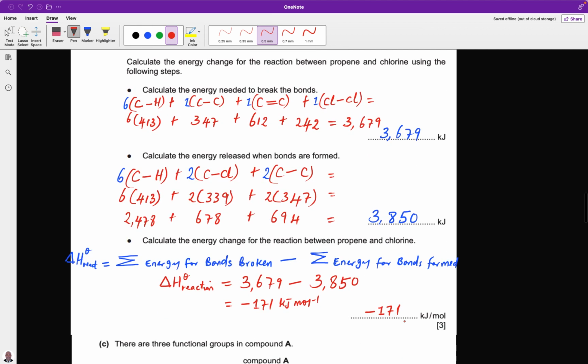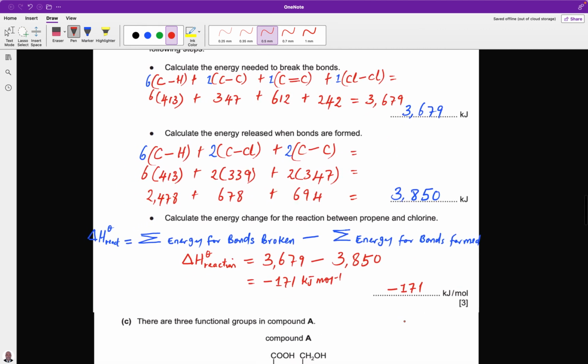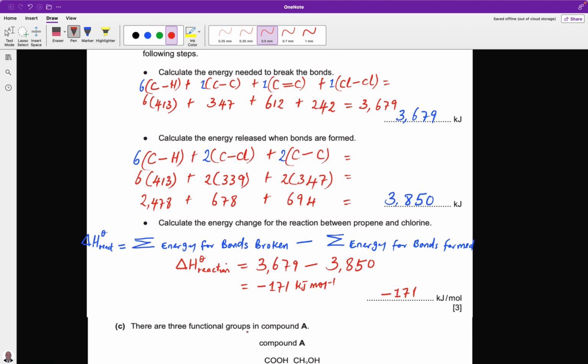Now, to calculate the energy change for the reaction, there is a formula we call the enthalpy change for the reaction. It is the summation of energy for bonds broken, minus the summation of energy for bonds formed.